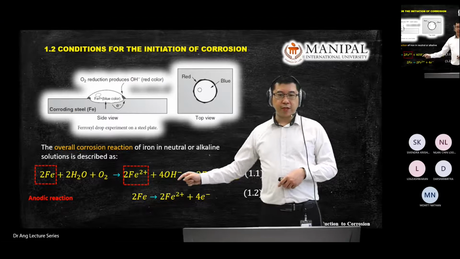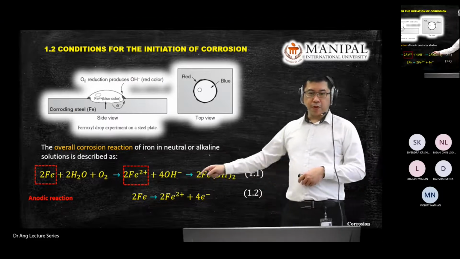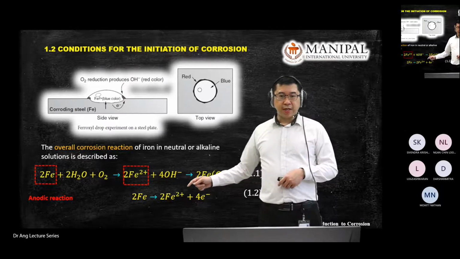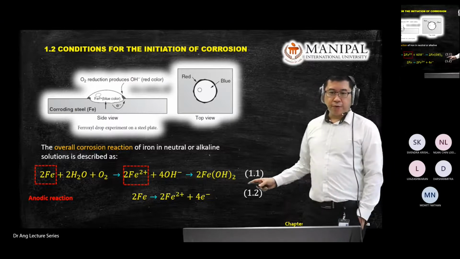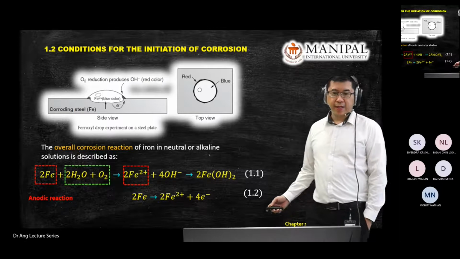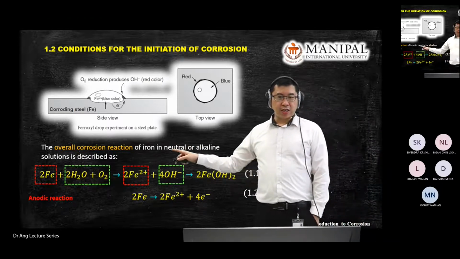You need to go back to either the material textbook or your chemical textbook. If we have an anodic reaction, we will have another reaction that I circle with the green color.